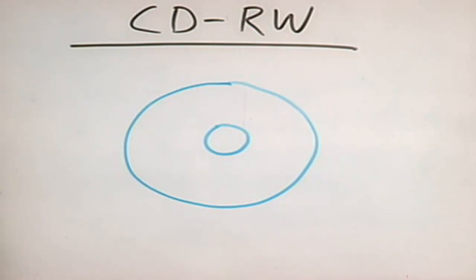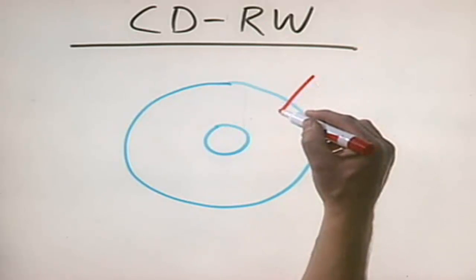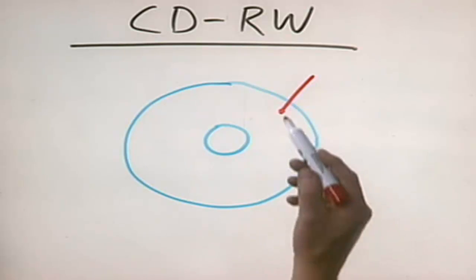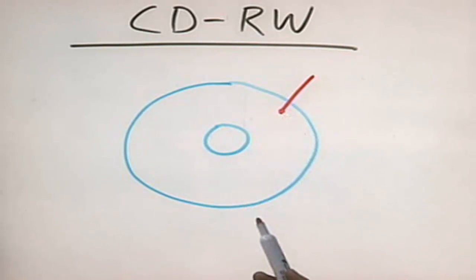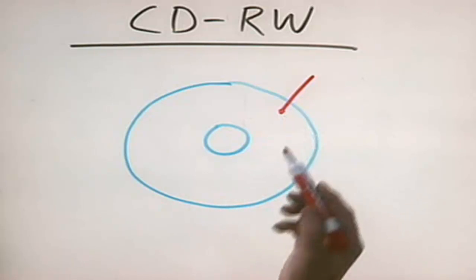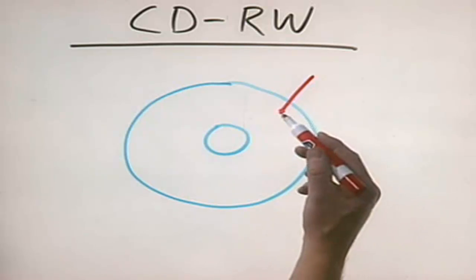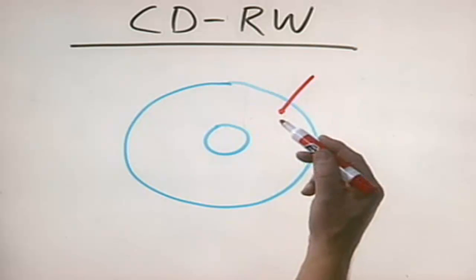When this laser hits the photoreactive material on the bottom of the CDRW disk, it causes crystals to form. Sometimes this is called phase shifting or a phase shifting media. Wherever a crystal is formed on the bottom of the CD-RW disk, it's like a land on a CD-ROM disk in that it reflects light.